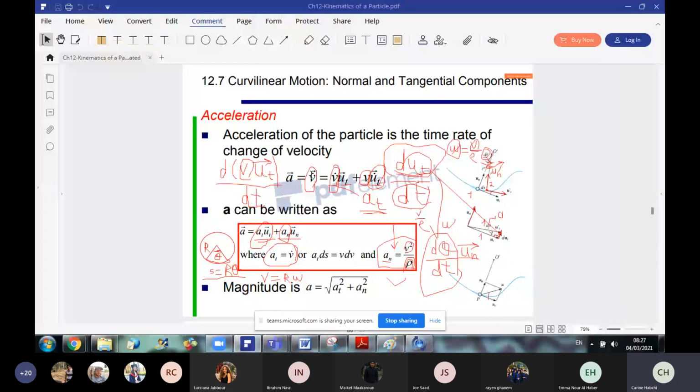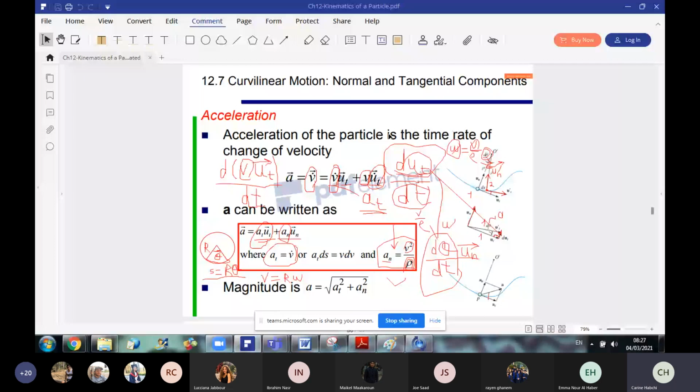If you derive it, it's u prime v plus v prime u, so it's dv by dt UT, where dv by dt is due to the change in speed, plus v dUT by dt. Now, if you replace dUT by dt by d theta by dt UN, and you replace d theta over dt by v over rho, you get v times v over rho UN, which gives v square over rho UN.